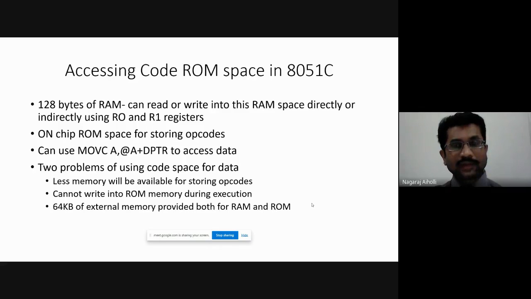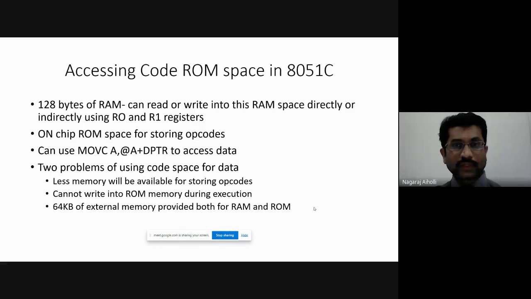One problem is that when we store the data into the ROM memory, the remaining memory will be less for storing the opcodes. When we start storing the data into the ROM memory, the available memory for storing the opcode will become less. That is one problem. Then another problem is that we cannot write into the ROM memory during execution of the program.